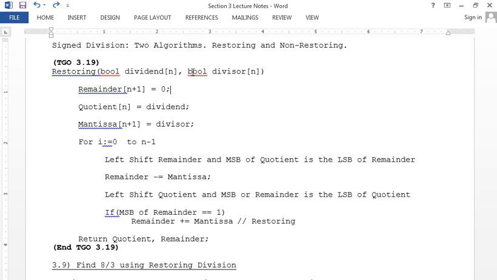So the first step of the algorithm, again, it's going to be 4, so it's n plus 1 bits. How many bits are going to be in my remainder? It's going to be 4 on your exam. How big is it going to be? 5, right? So I'm going to set the quotient equal to the dividend. I have a dividend of n bits here, so to make the notation correct, I'm going to have an n-bit quotient.